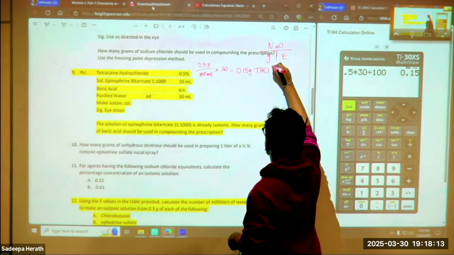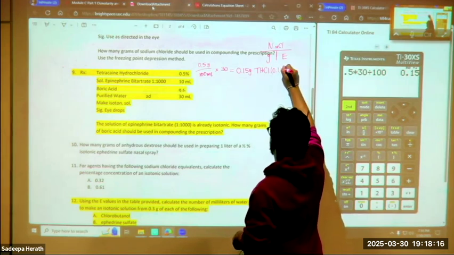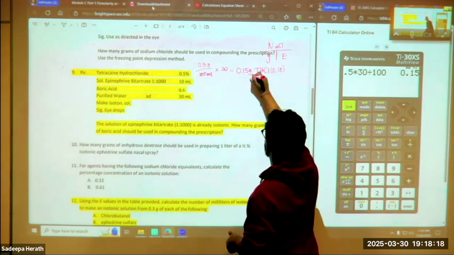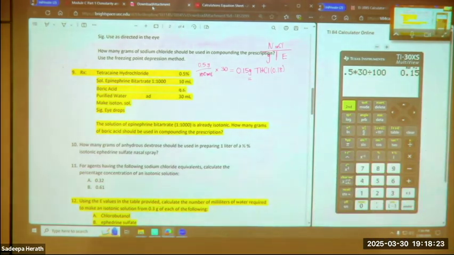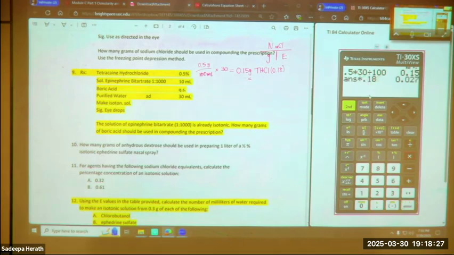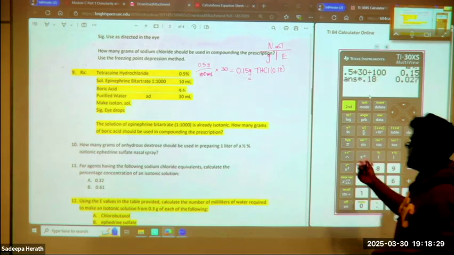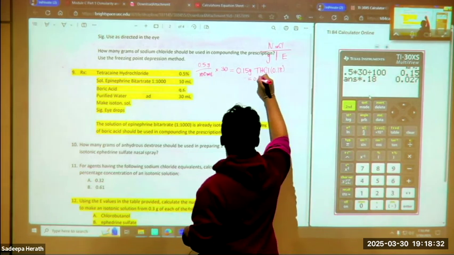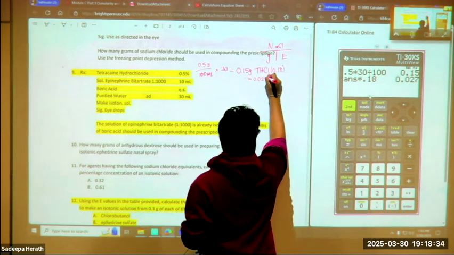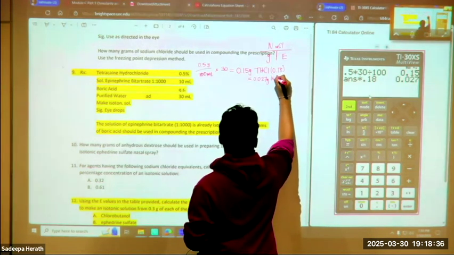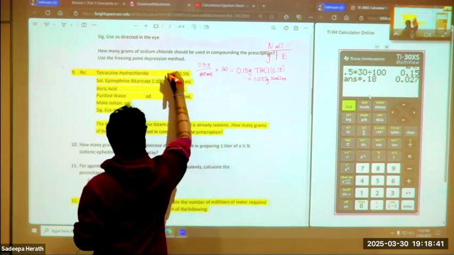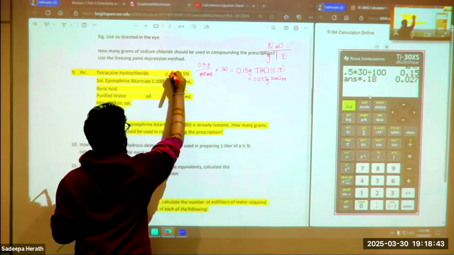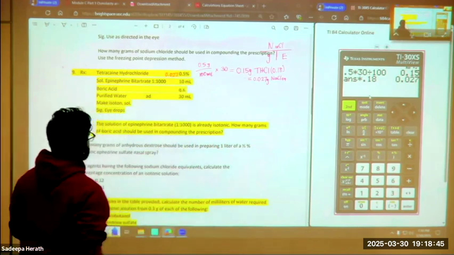So multiply by 0.18 to get an answer of 0.027 grams of NaCl equivalent. So let's just write that right there. 0.027. All right.